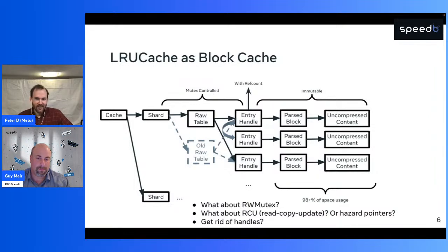Essentially every read is a write, because when you read an entry, or especially for us when you're done reading an entry, you have to add that entry to the LRU list. So someone who thinks they're just reading from the LRU cache is really modifying the state of the cache, because it's updating information about how recently it was used. So we can't just use a read-write shared mutex. We have to just use an exclusive mutex.